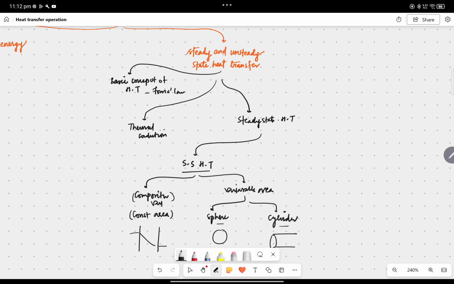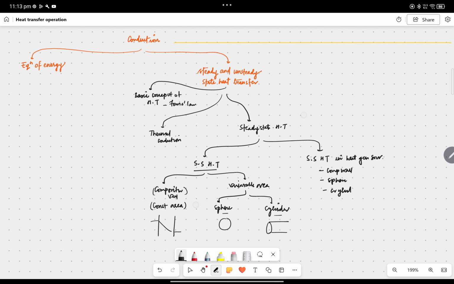After that, the next topic is steady state heat transfer in the presence of a heat generating source. From this topic the question has arisen, and this we study for a composite wall, then for a sphere, and then for a cylinder.